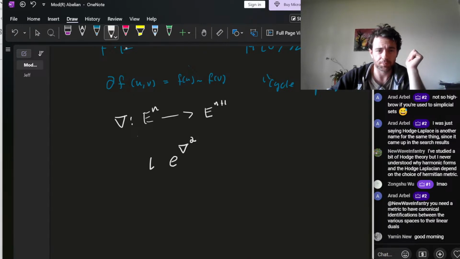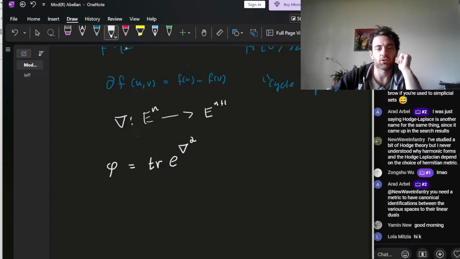We take this form, which is the trace of the exponential. It was basically like the Chern form, but with some extra fancy things. There are two forms, phi and psi, and for psi we precompose with some sort of operator.